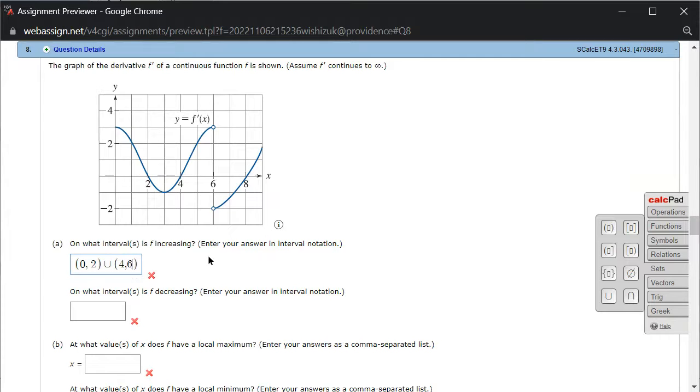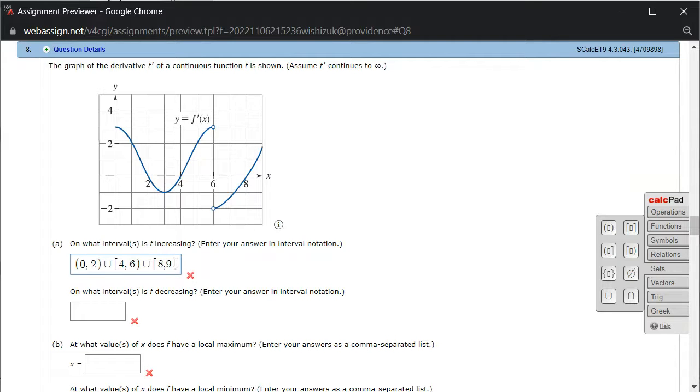I would include 4, but I would exclude the 6 there. And the union, starting from 8, 8 to 9, maybe. And we would include 8.